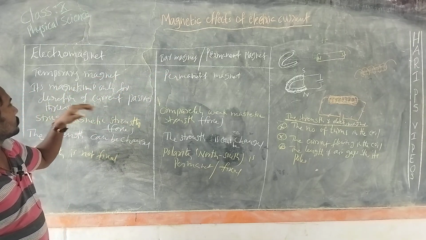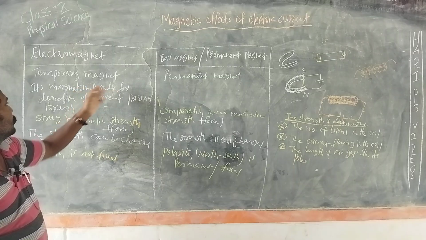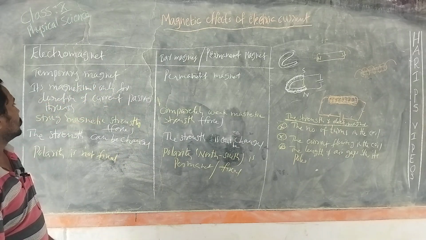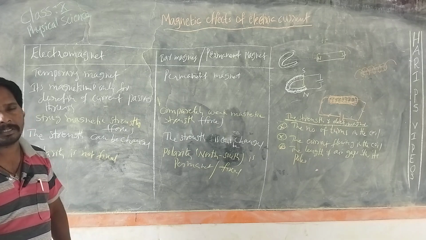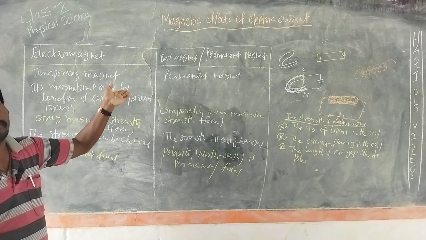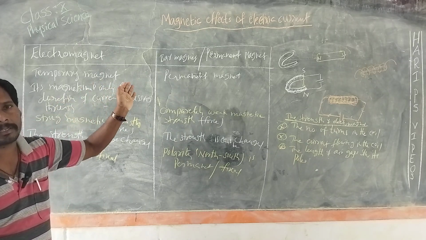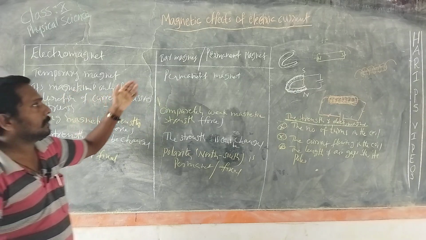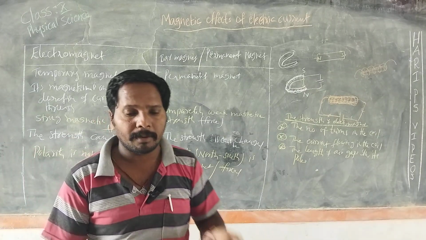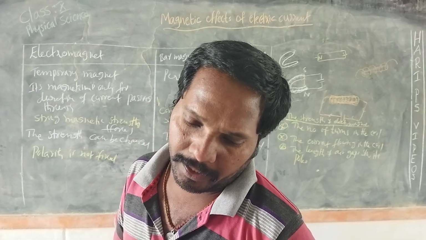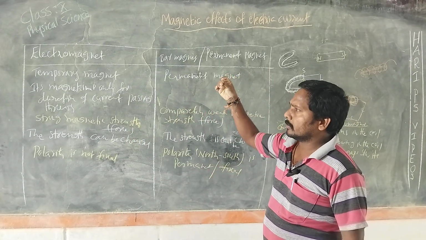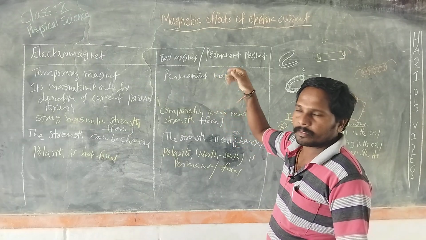The magnetism is only for the duration of current passing through the coil. So for as much time as we flow the electric current, that much time only the magnetism is present. But in case of a bar magnet or permanent magnet, it is permanent, so it does not depend on time.